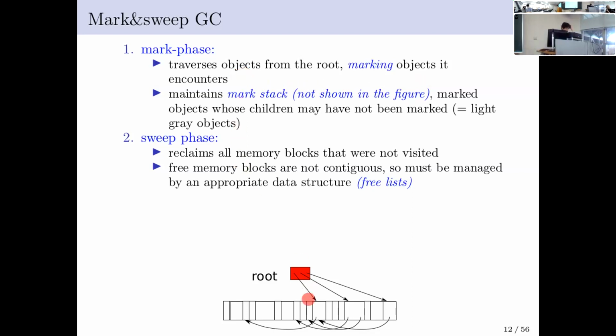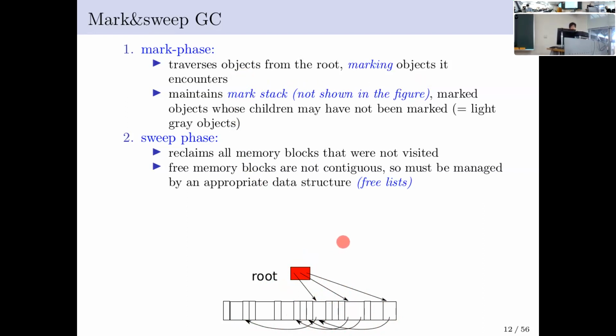This can be easily illustrated by a figure like this. Let's imagine this is the root, global variables or local variables of currently active functions, and these edges represent pointers. Imagine there are pointers between objects like this.